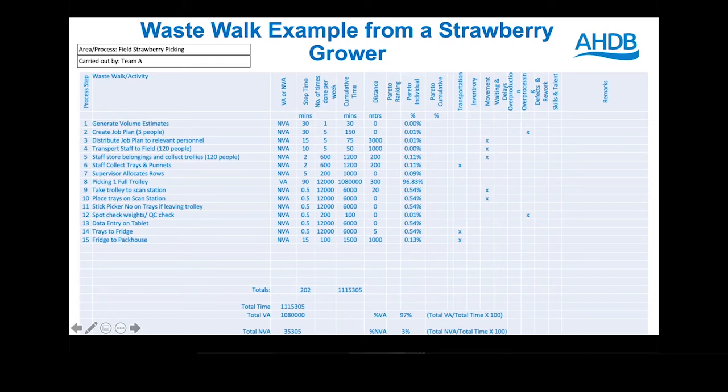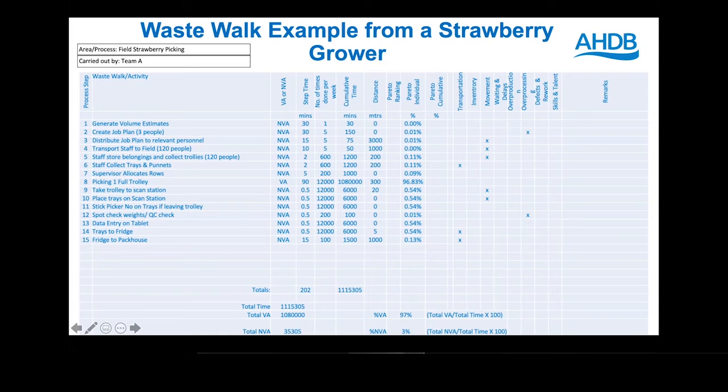You've got the individual step times involved, and the number of times per week in this instance. So this one we did the analysis over a week: the number of times per week of doing each of those activities. The planning one's only done once or twice a week. Transporting people down to the fields is done once a day.